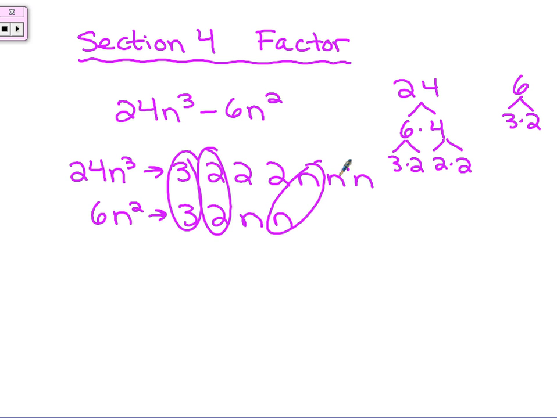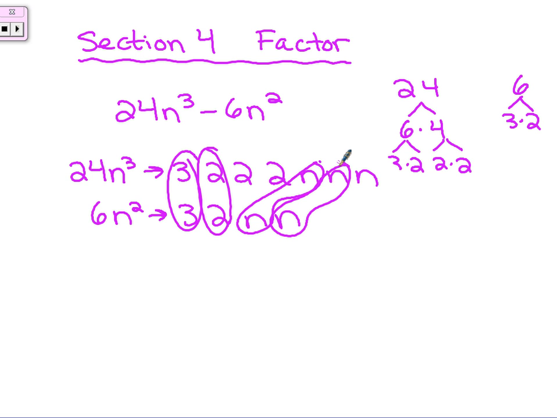Ooh, sugar. My bad. Sorry if I'm confusing you. Here, let me rewrite that so it's not so messed up. 1, 2, 3, and this had 2. All right, so then they have an n in common and another n. I think that's everything.